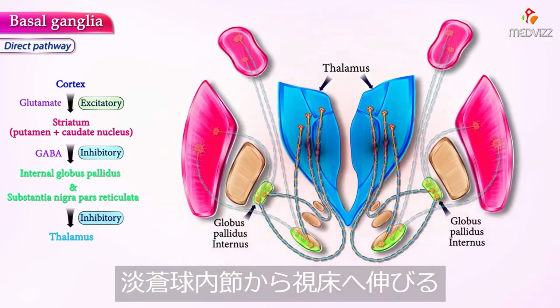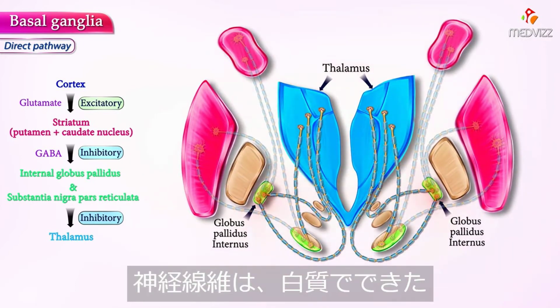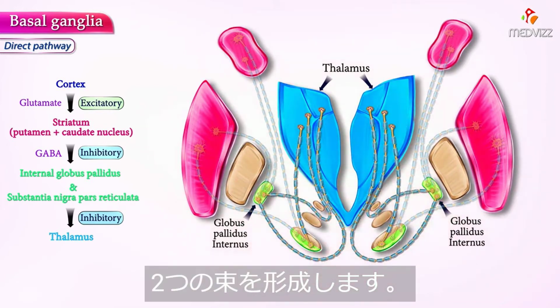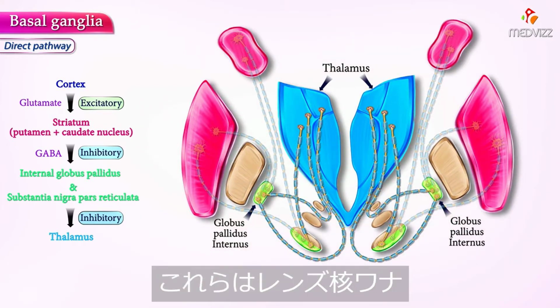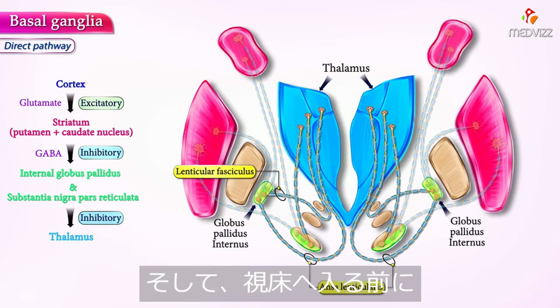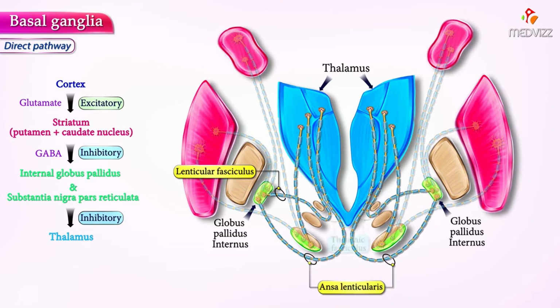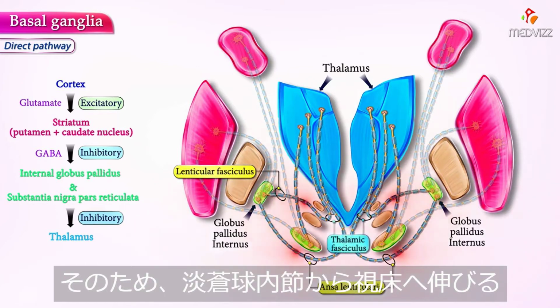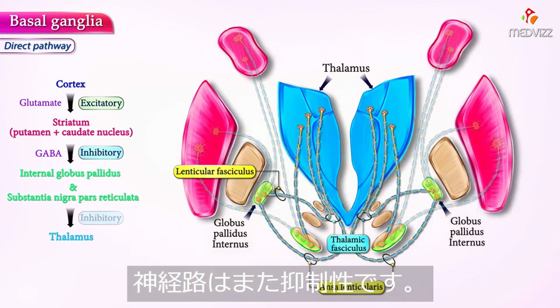These fibers going from the globus pallidus to the thalamus form two fascicles of white matter called the ansa lenticularis and the lenticular fasciculus, that before entering the thalamus fuse into one pathway called the thalamic fasciculus. Hence, the pathway from the globus pallidus internus to the thalamus is again an inhibitory pathway.